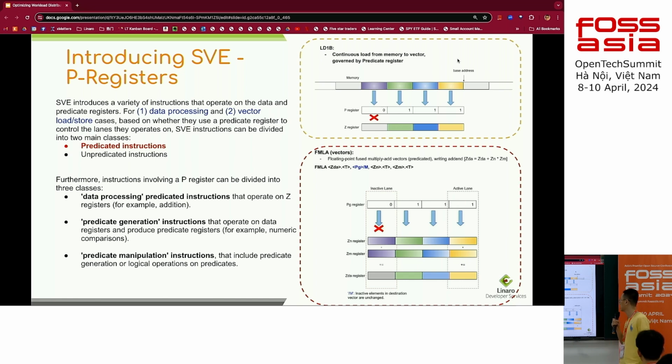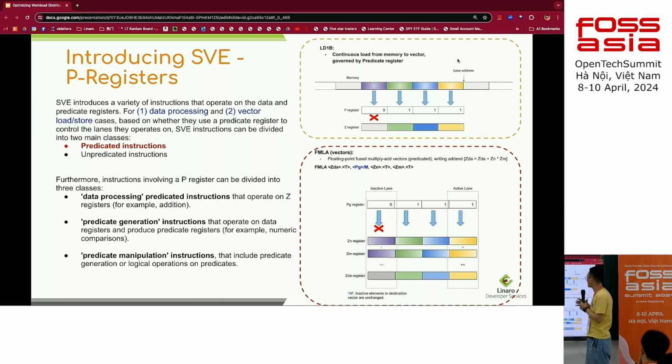In vector processing, we define the data as lanes. You provide the P register, you provide the mask, and then you issue the instruction. Only the lanes with a proper mask, here 1, will be executed.